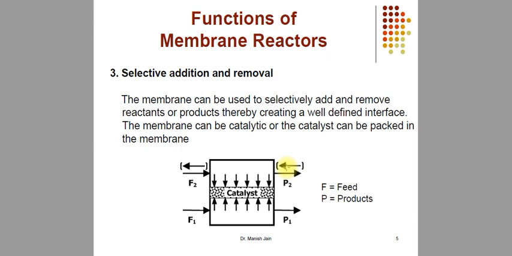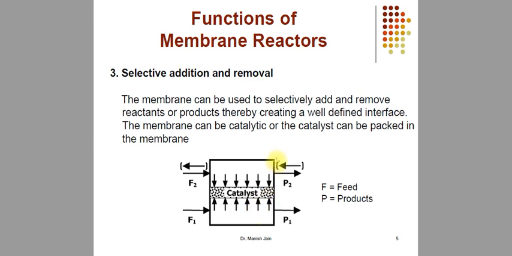How will it come? Suppose you have a reaction like HI degrading into H2 and I2. The membrane pores will be highly permeable for H2 and less permeable for I2, because the size of the iodine molecule is much larger than that of hydrogen, and the HI molecule is also much larger than the hydrogen molecule.